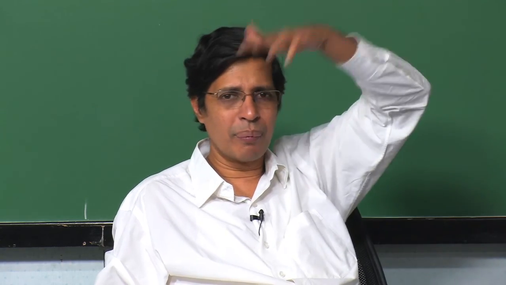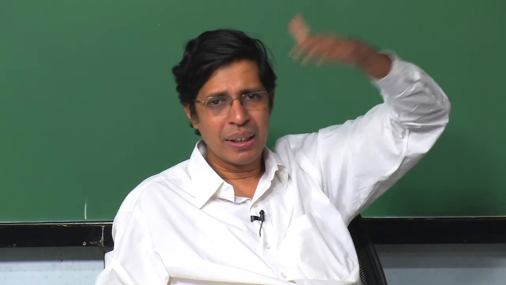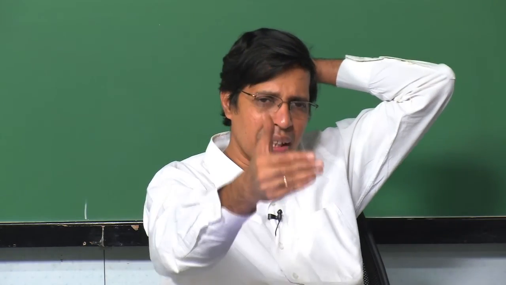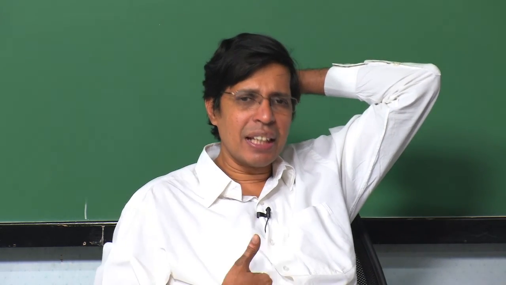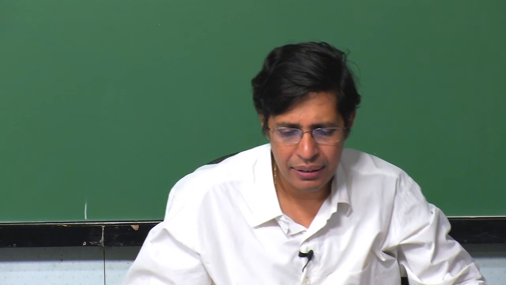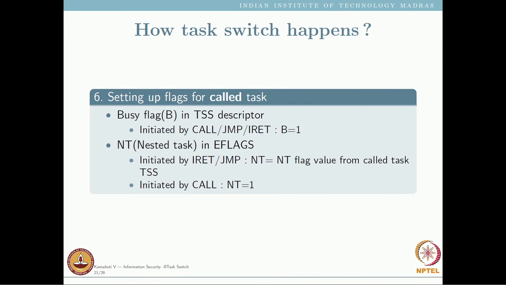Followed? So, there can be a jump inside a routine, but somewhere I will go and return it back. So, when a particular caller jumps into another called task, the NT of the called task should be equal to the NT of the caller task, because it can be part of some basic call; I am doing intermediate jumps, but there is still a call there. Okay. So, this is also very important.